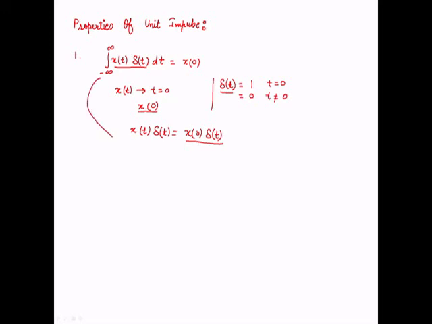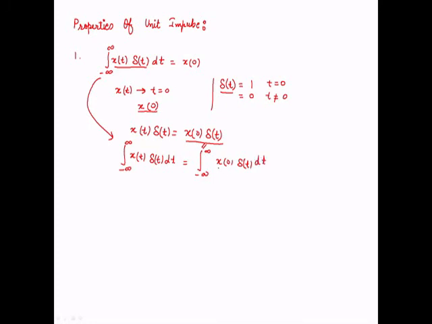Now we can write this equation like integration from minus infinity to infinity x(t) delta(t) dt is equal to, after putting this portion, integration from minus infinity to infinity x(0) delta(t) dt.